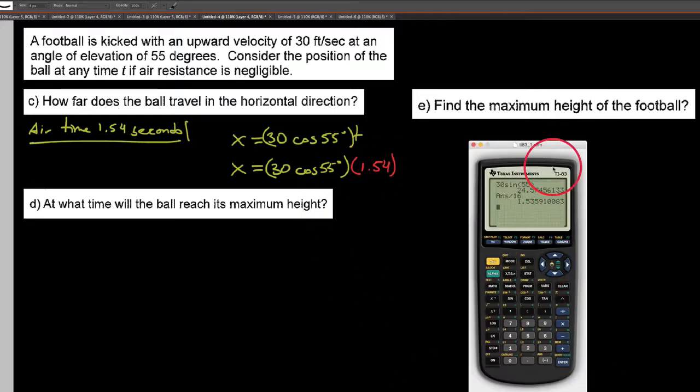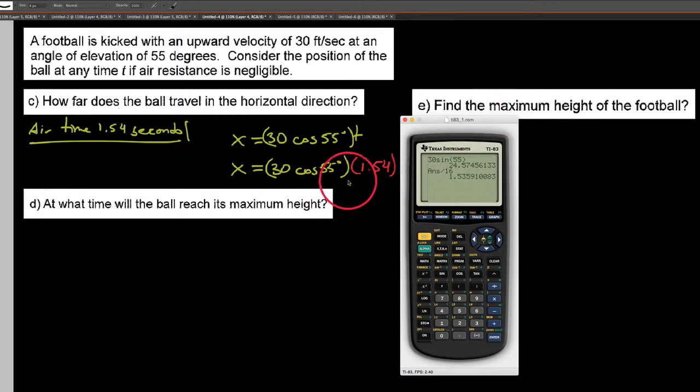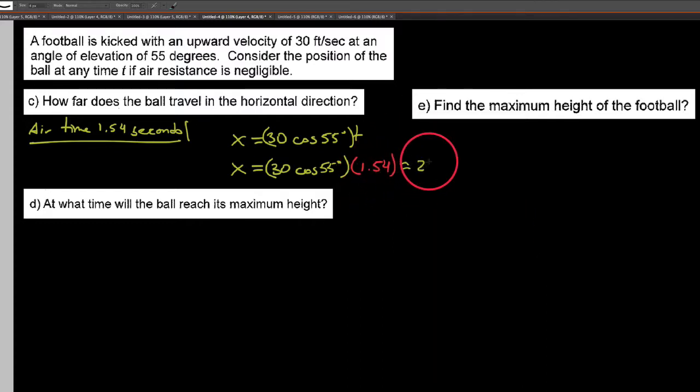So again, this is just a calculator situation, but we want to understand what it is that I'm asking for. So we say 30 cosine 55 degrees, end parenthesis, times 1.54-ish. And so what we end up with is about 26.49, I'm going to call 26.5. Okay, so 26.50, and this is in feet since we do these situations in feet here.